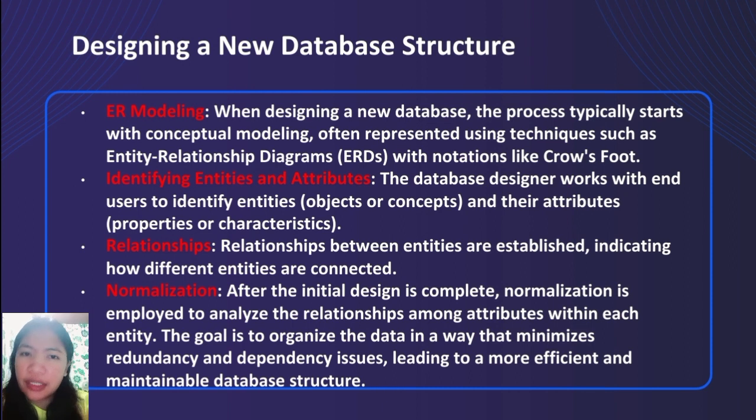After the initial design is complete, normalization is applied to ensure data integrity and eliminate redundancy. It involves analyzing the relationships among attributes within each entity and organizing the data in a way that minimizes duplication and dependency issues. By doing so, the database structure becomes more efficient and easier to maintain.